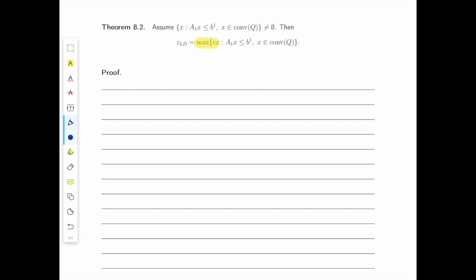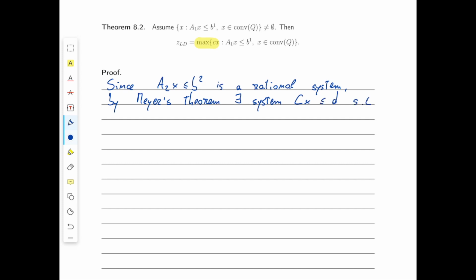So let's do that. Since A2x less than or equal to B2 is a rational system, by Meyer's theorem, there exists a system Cx less than or equal to D such that the convex hull of Q is the set of points in Rn such that Cx less than or equal to D. Great.